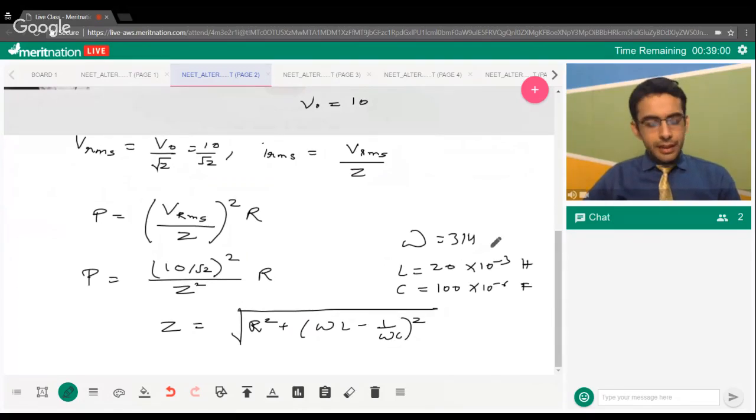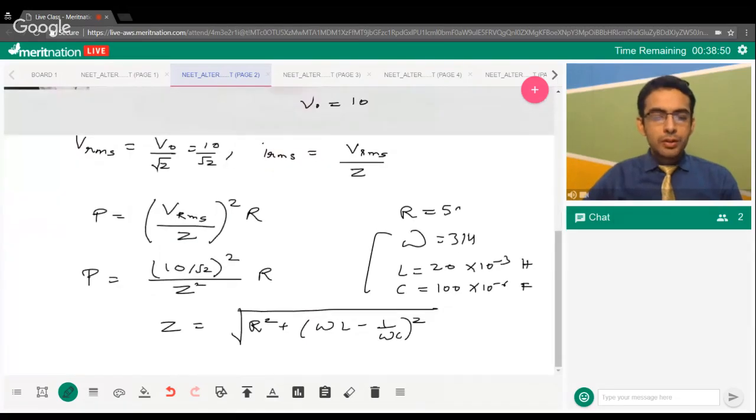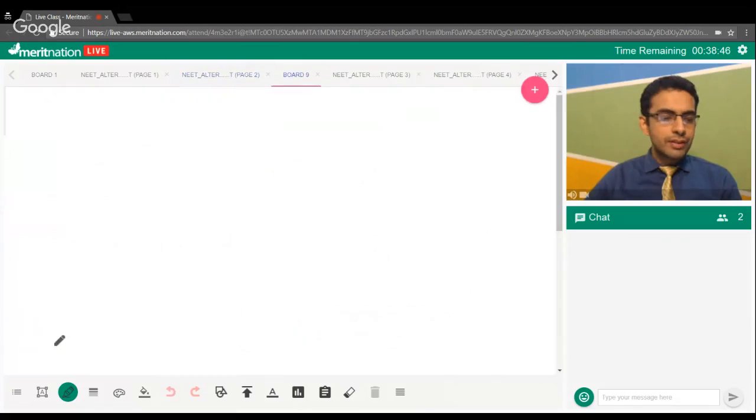Dear students, if you substitute the values of these three things and the resistance, which is 50 ohm, you'll get Z equal to 56 ohm. You can calculate that.